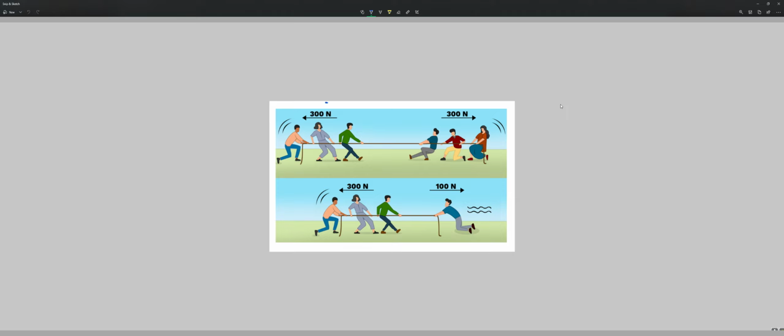Clearly, we have a force to the left, which means it's a negative 300 newtons. The other side is positive 300 newtons. So negative 300 plus 300 gives you a net force of 0. And on the bottom, your forces are unbalanced.